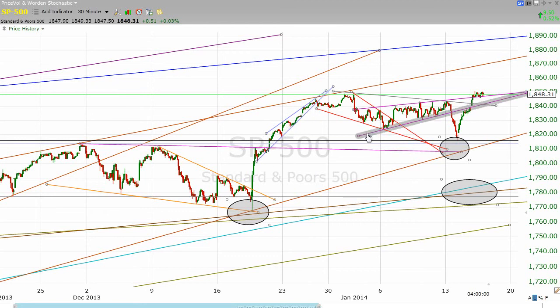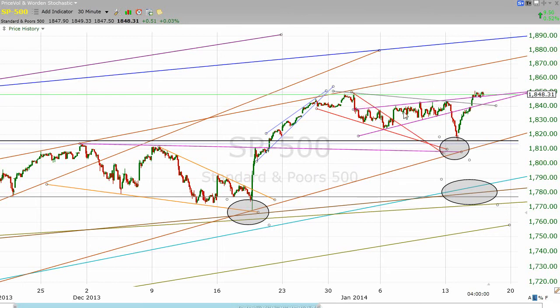But that didn't happen. So then this wedge has now taken levels back to where we were prior to it forming.